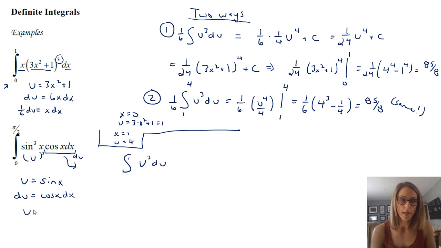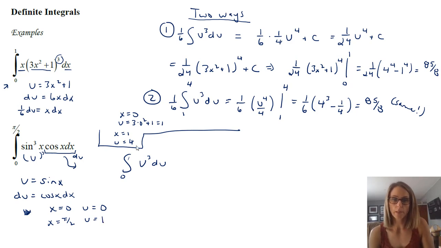If x equals 0, then when I put 0 in for x, that tells me that u equals 0. And if x is pi over 2, sine of pi over 2 is 1. So my limits have changed from 0 to 1.